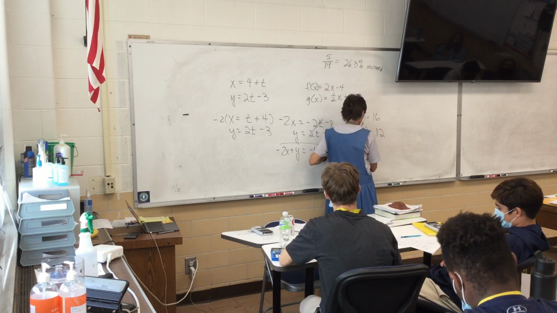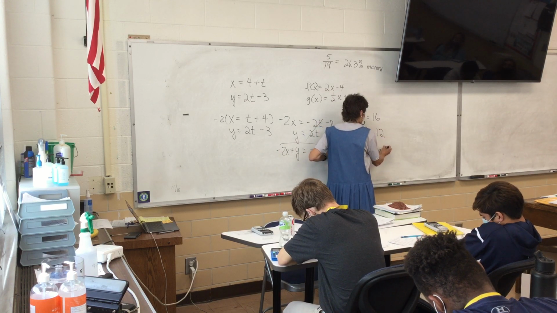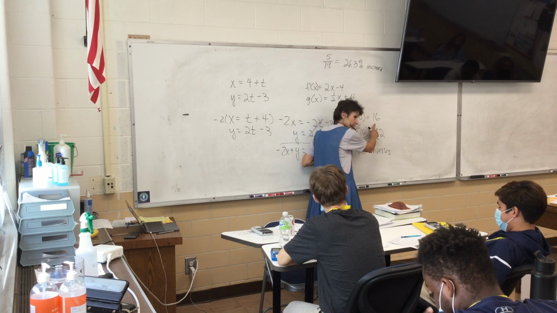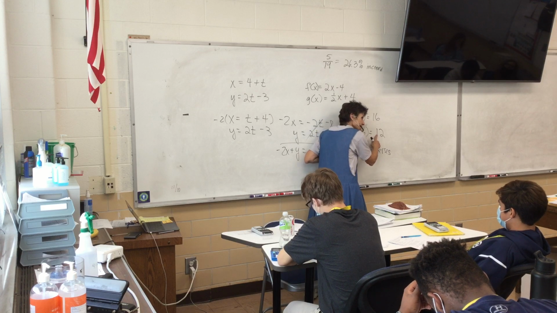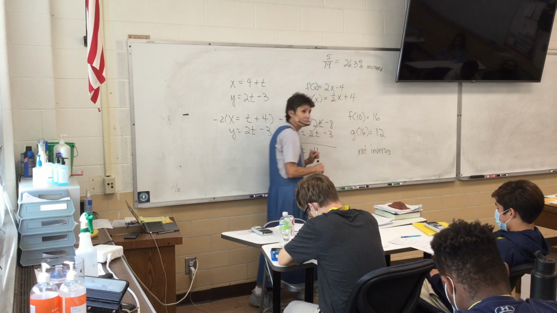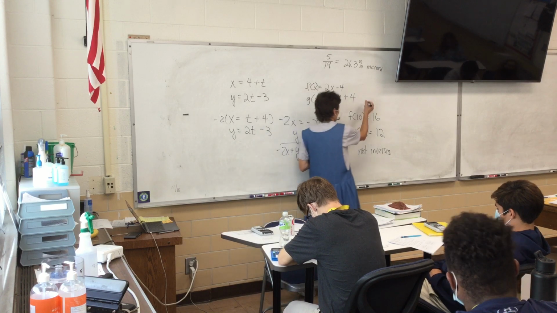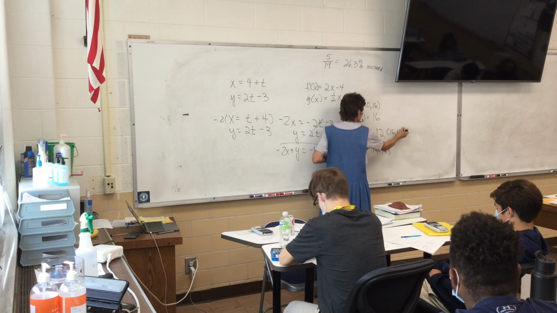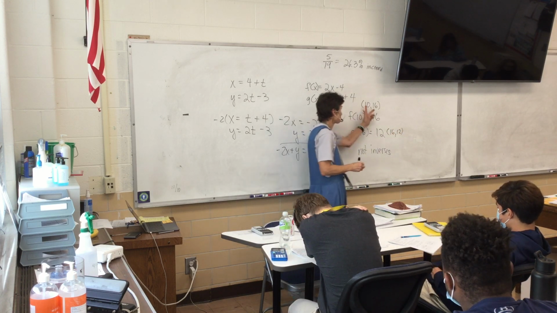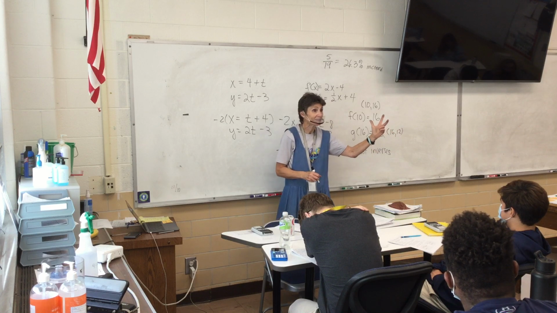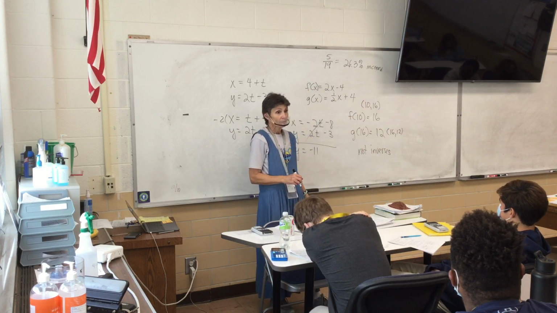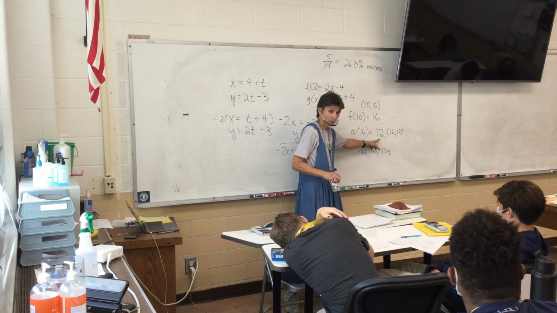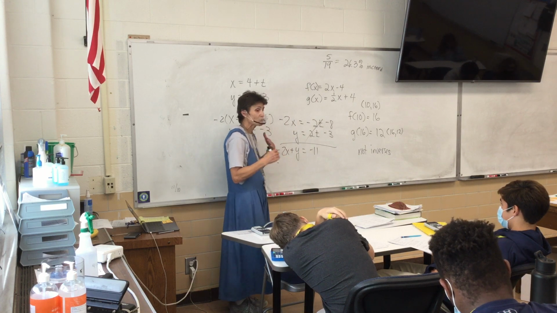These are not inverses, because if they are, 10 would give us 16, and 16 would give us 10. Because this is the ordered pair, 10 comma 16, and this is the ordered pair, 16 comma 12. If they're inverses, they're supposed to be the exact same numbers, but turned around. I did not get back 10.